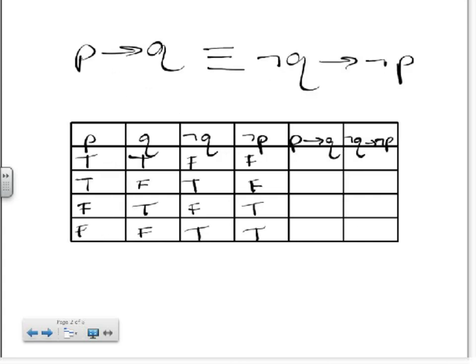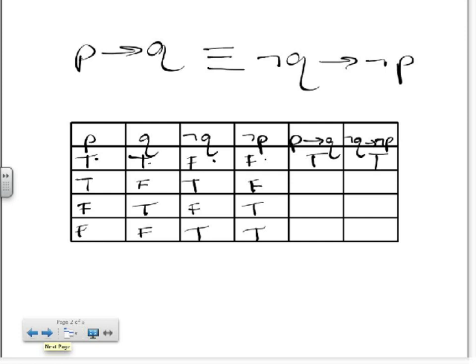Alright. Now, saying if P then Q is equivalent to saying that if the negation of Q is true, then the negation of P is true. Two statements are equivalent if they have the same truth table values, so it's pretty easy to see that they're equivalent if we just go through and fill in the truth table. P is true and Q is true, that satisfies the implication. The negation of Q is false and negation of P is false, that also satisfies it.